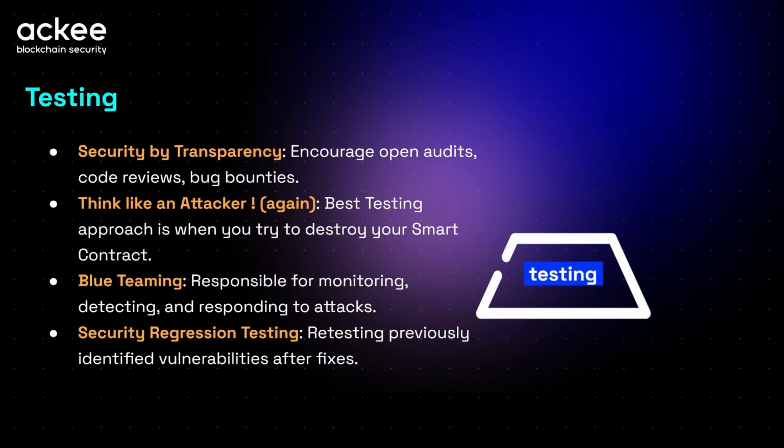The first thing that can happen is that the issue was fixed incorrectly. And the second thing that can happen is that the issue was partially or even completely fixed, but they bring a different issue while fixing the first one. So always make sure that when you resolve issues, they are resolved correctly and you did not bring a different issue to your smart contract while fixing the previous one.